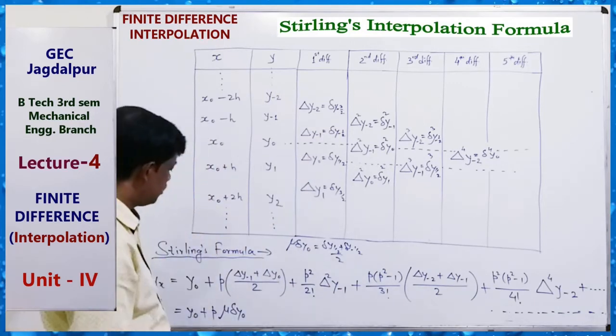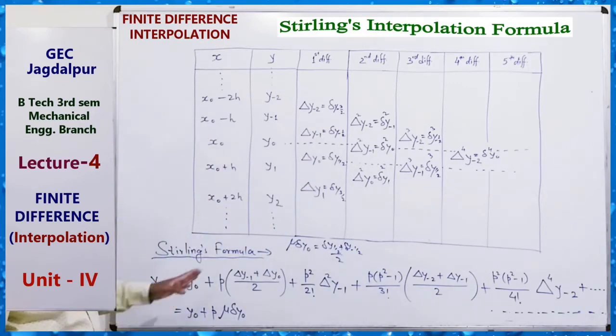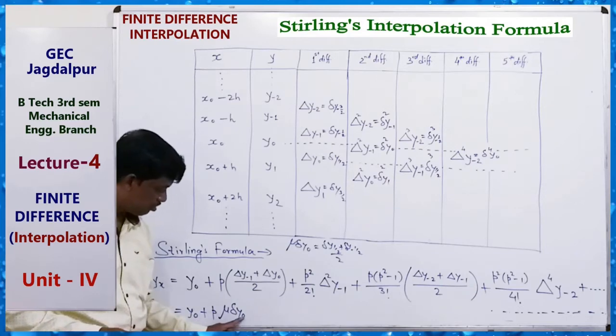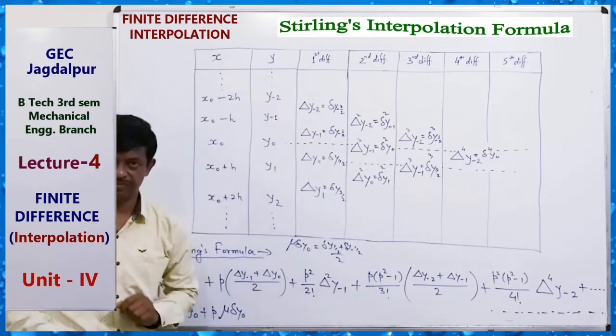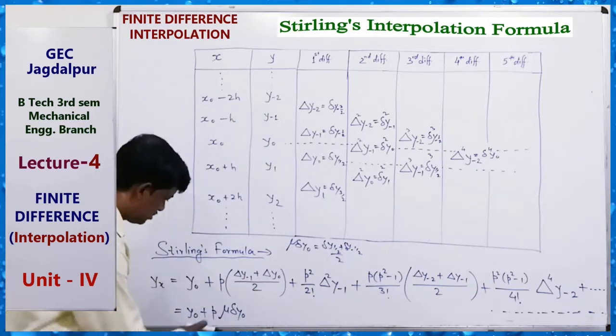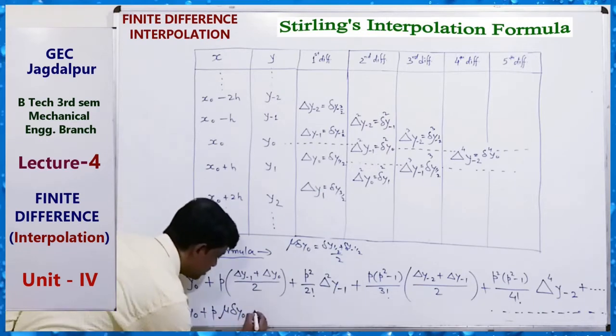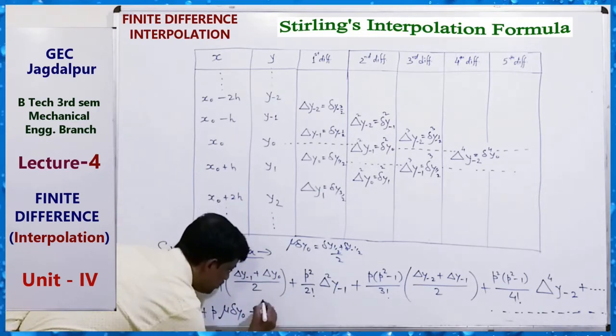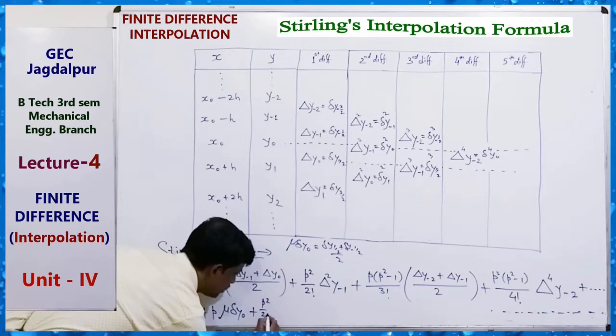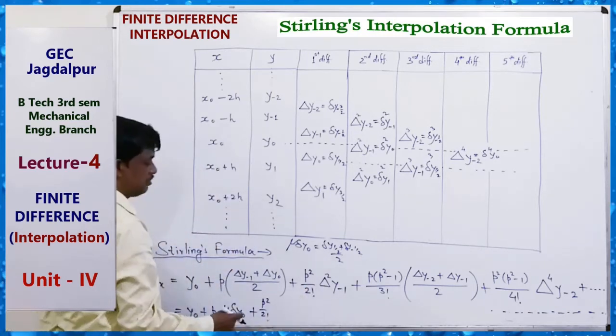So if we write this formula in terms of the central del operator, then our suffixes will always be 0, 0, 0, 0. Their average y0 plus p square by 2 factorial. This is what?